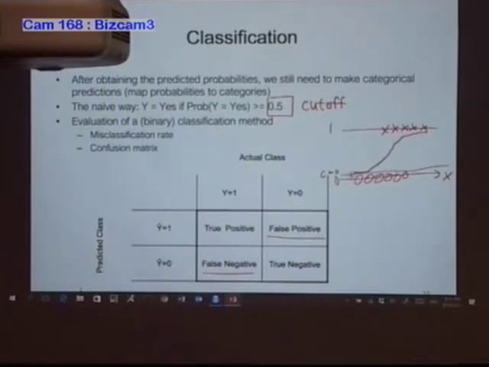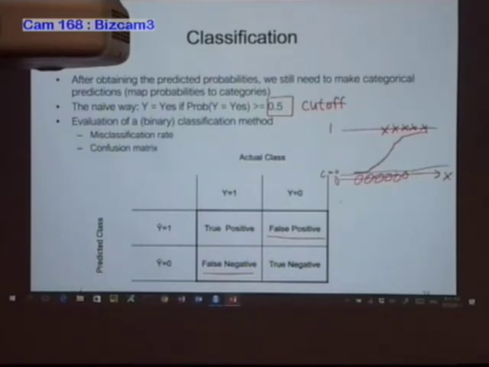When we label everybody as 1, these guys will be correct. They are truly 1s. So these are the true positives. We have a lot of true positives, right? And these guys will be wrong. We labeled a lot of positives, but they are not positive. So there are a lot of false positives.